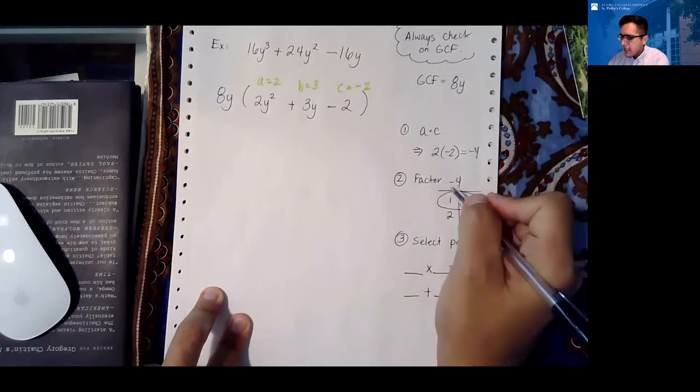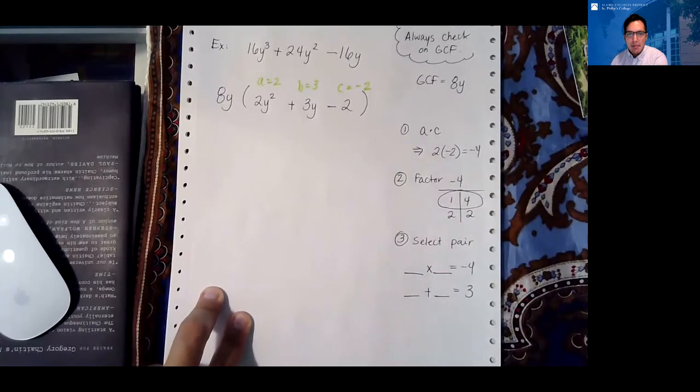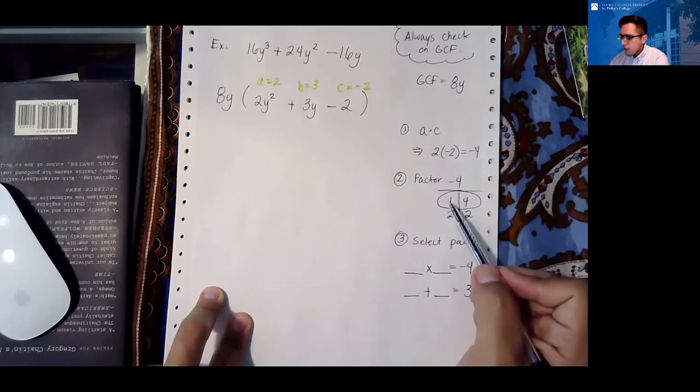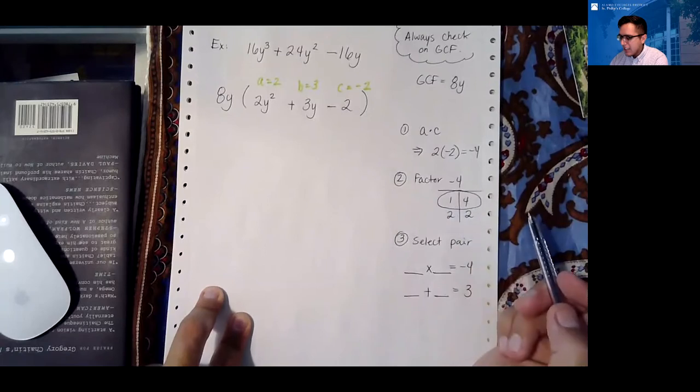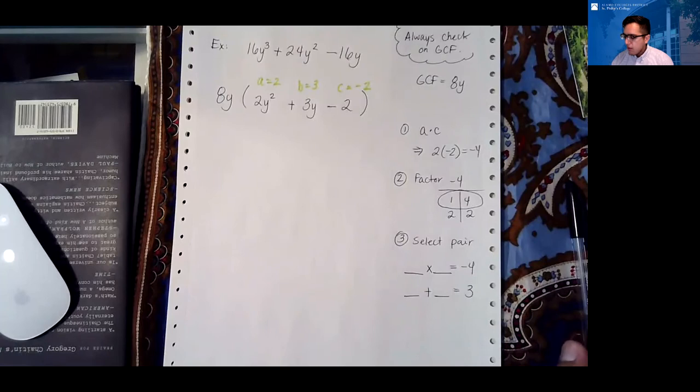And since this is a negative number and we need to multiply them to get a negative, that means that only one of them can have a negative sign. So which of these 2 numbers should get the negative sign to meet these 2 conditions? The 4? The 1? Well, let's think about that for a second, right?